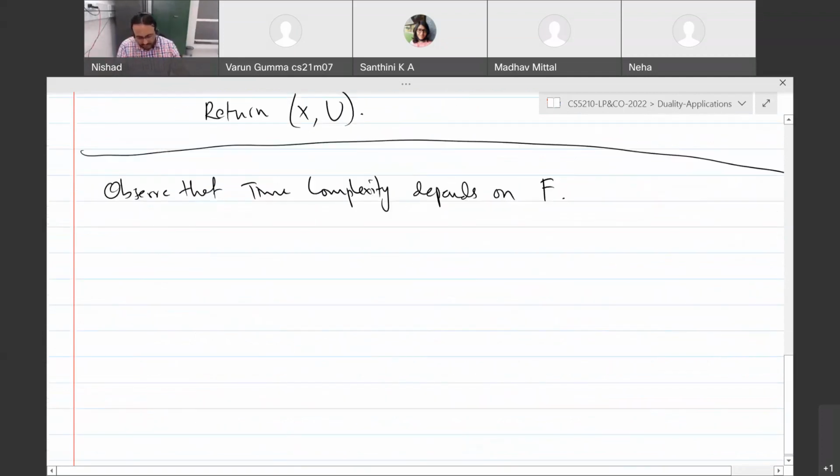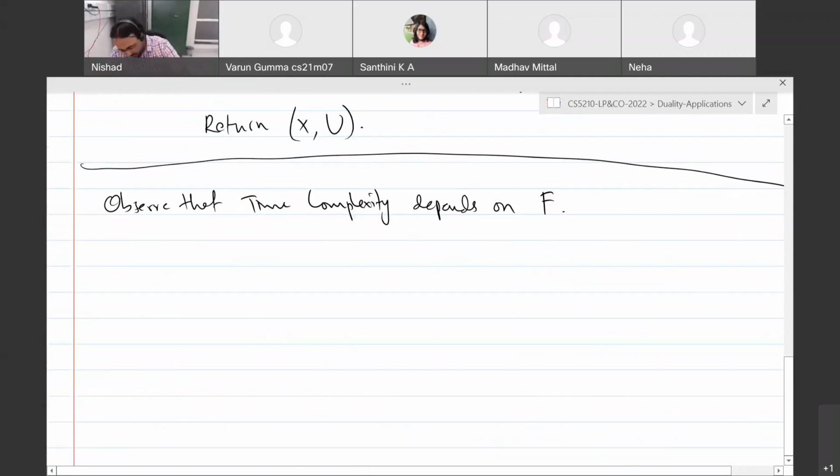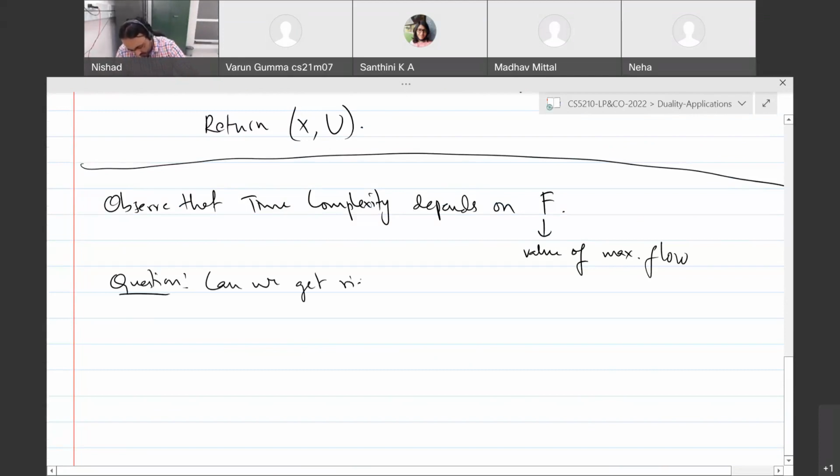So the question is, can we get rid of this dependency where F is the value of maximum flow? In other words, can we get an algorithm that depends simply on the number of vertices and the number of arcs?